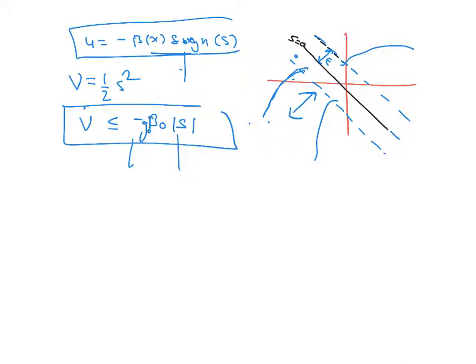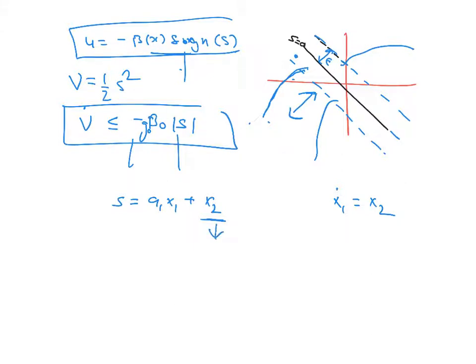Now let's see what happens when you are inside that region. Inside that region s is not equal to 0 yet. s equals 0 only at that place, right? So if you see our equation, s is equal to a1 x1 plus x2, and x1 dot equals x2, so this can be replaced by x1 dot.